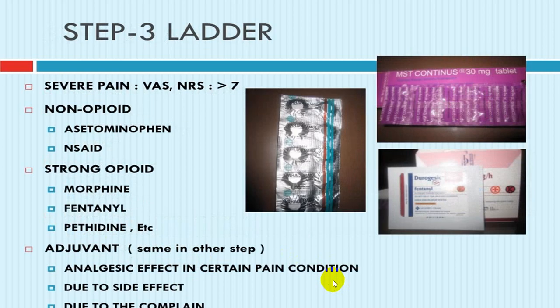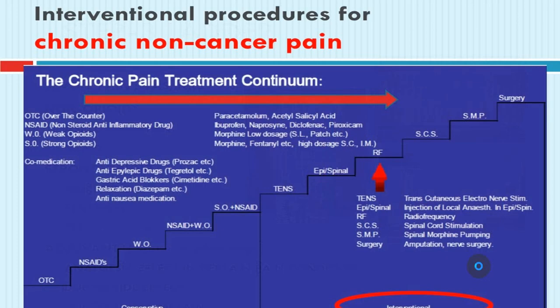While in step 3, when the person is having severe pain, usually this will not work. So you use strong opioids like morphine, pethidine, and fentanyl in the form of a patch, or you can use adjuvant therapy depending upon the disease itself. This is for chronic non-cancerous pain.